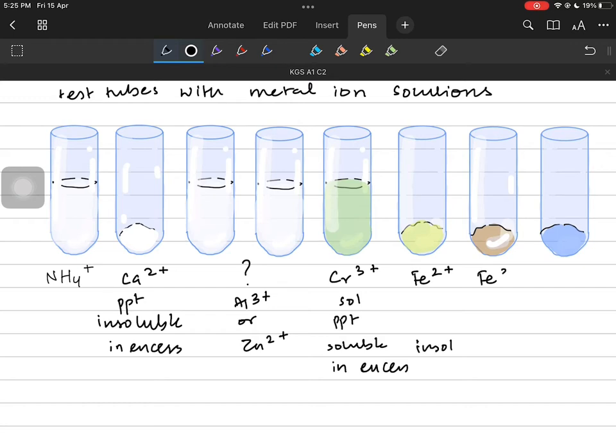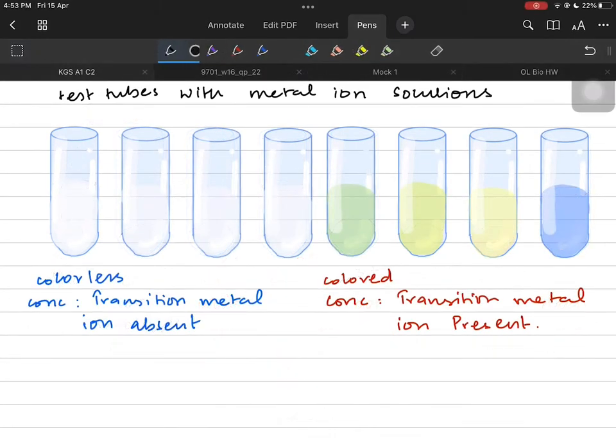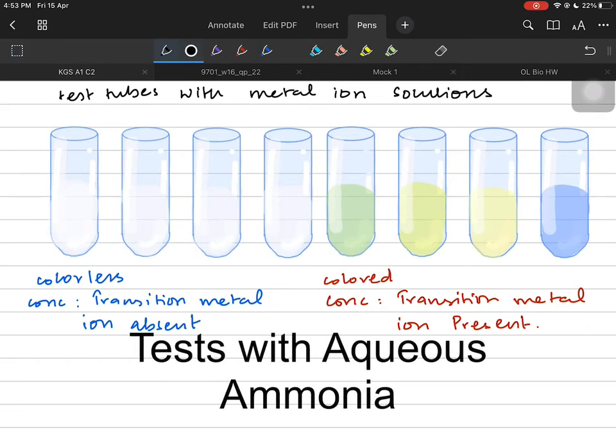What happens to the precipitates of iron 3+ and copper 2+? They also remain insoluble in excess of sodium hydroxide. Now, to confirm the first ion, we heat the first test tube, which did not give any precipitates. Ammonia will be evolved, which litmus paper confirms.